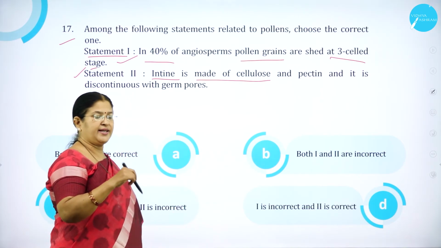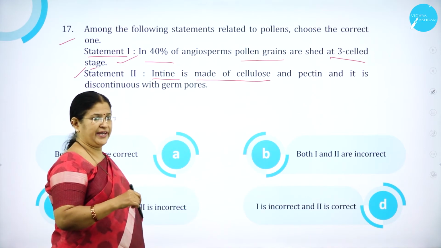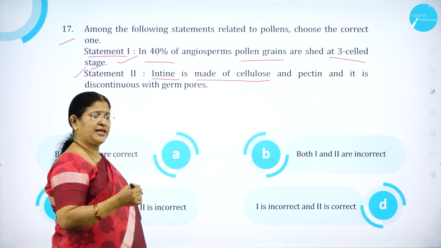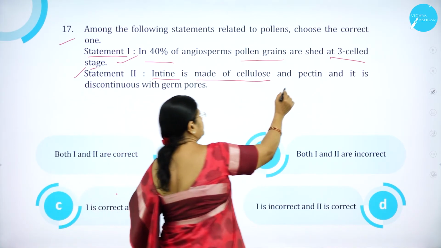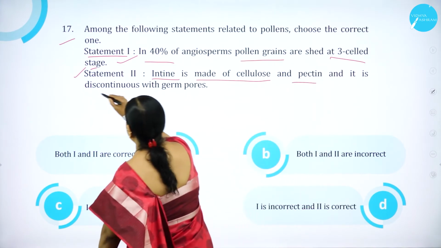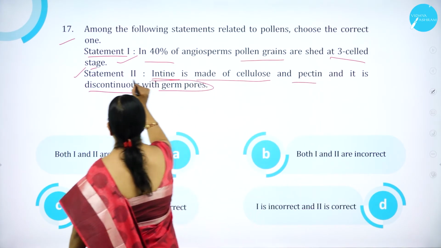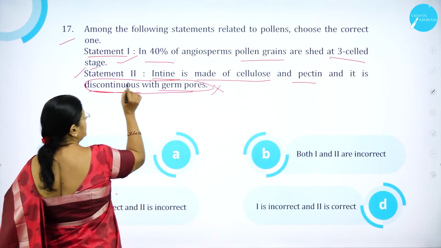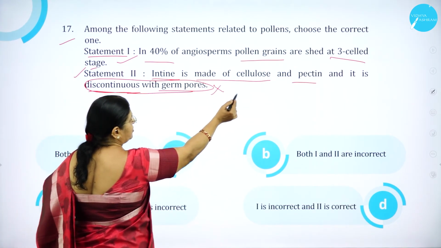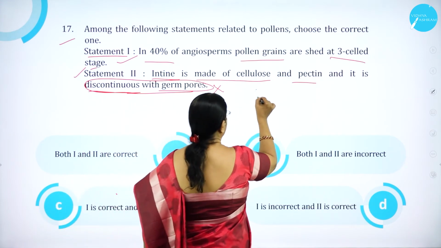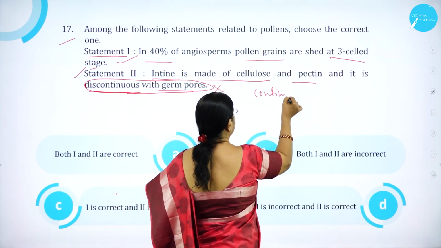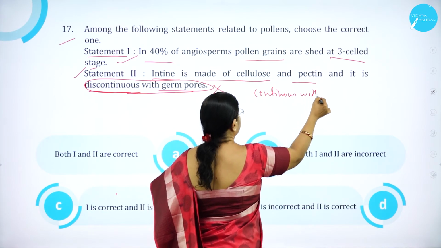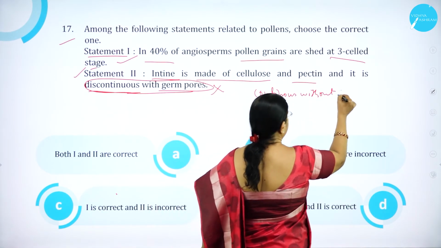Intine is the inner layer of the pollen grain, made up of cellulose and pectin. And it is discontinuous with the germ pore is wrong. This sentence is wrong. Actually intine is made up of cellulose and pectin and it is continuous without the germ pore.